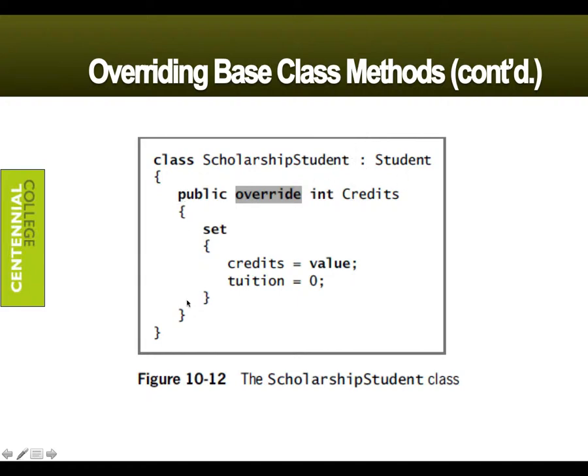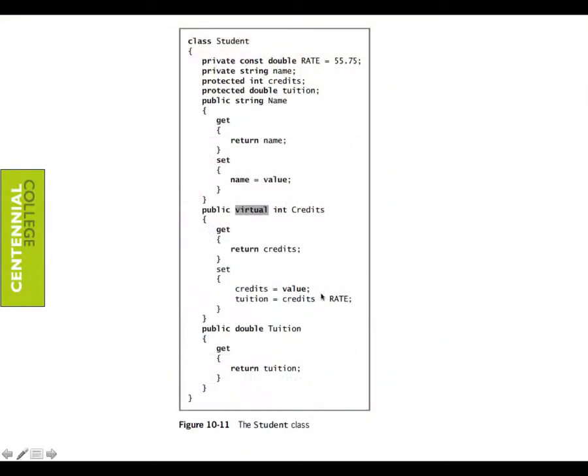I'm taking in the same property but overriding it with the override keyword and changing the set method, and I'm making the tuition 0 because this guy's got a scholarship. So it makes sense from a business rules perspective that he wouldn't need his tuition equal to credits times rate. There wouldn't be a tuition because he's got a scholarship.